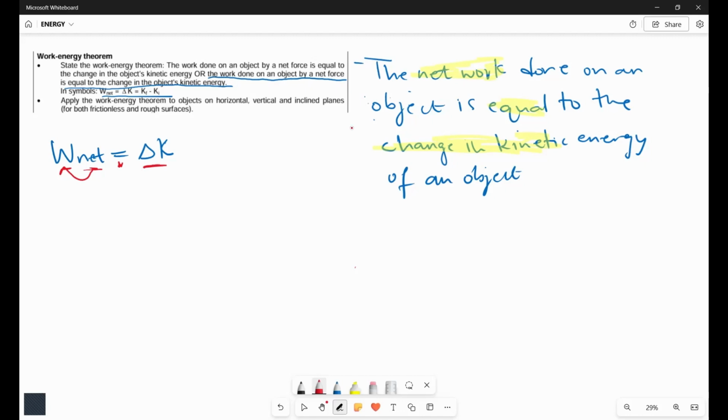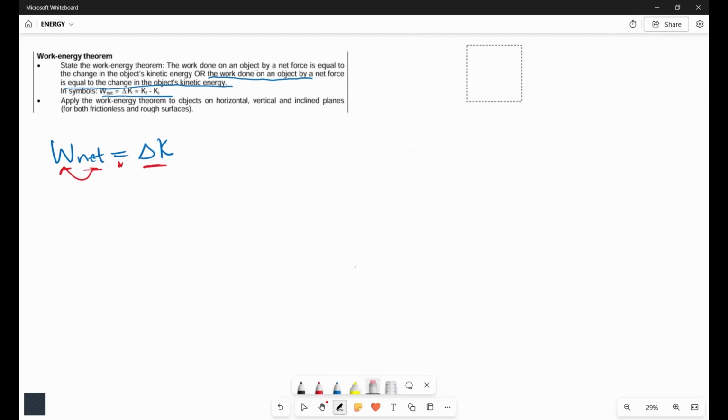You see why I prefer using this definition. It is also correct. I think in the exam guideline there was a mistake in terms of putting another definition there, because both are more or less the same definition. So yes, the second definition says the net work done on an object is equal to the change in kinetic energy of an object. Yes. I'll just remove this.